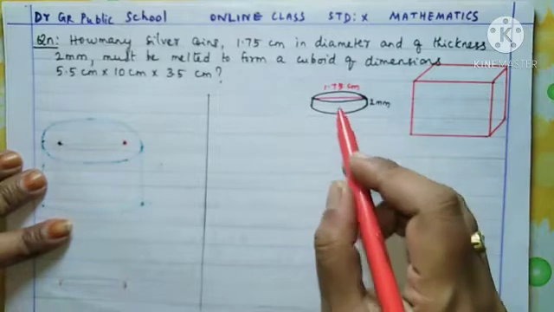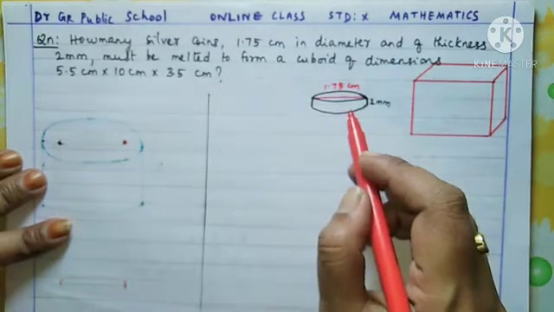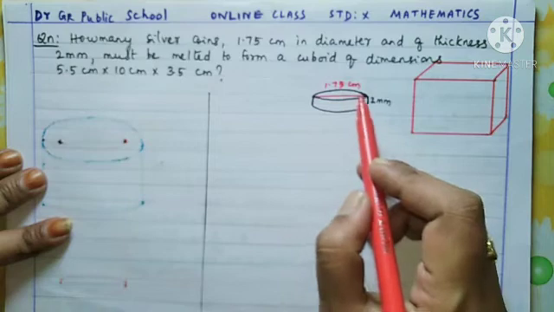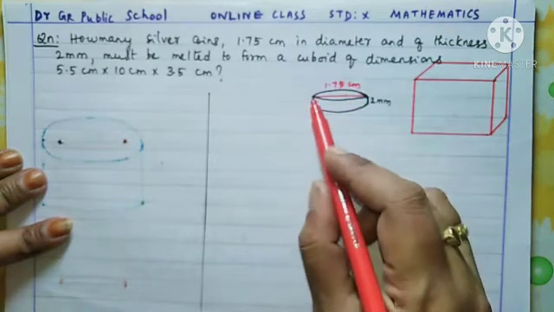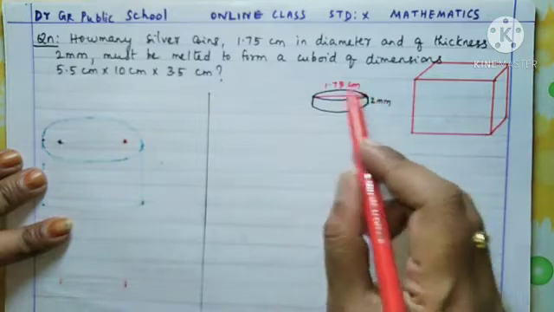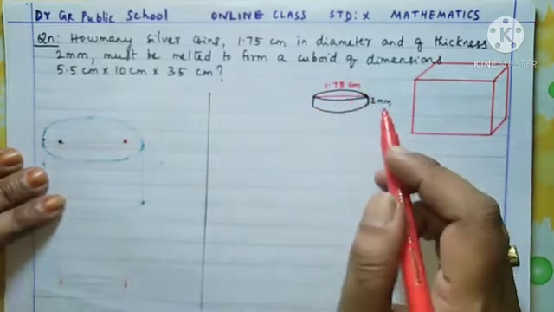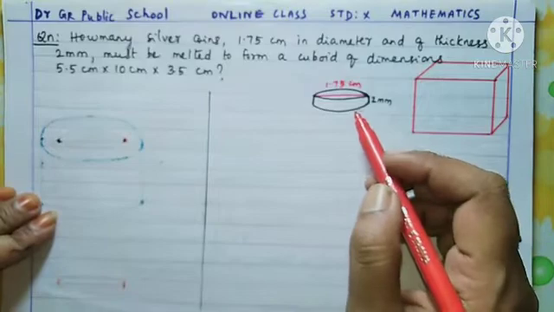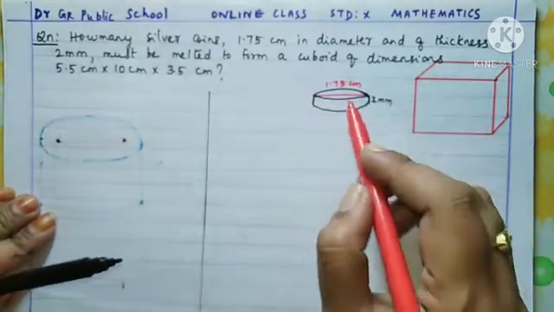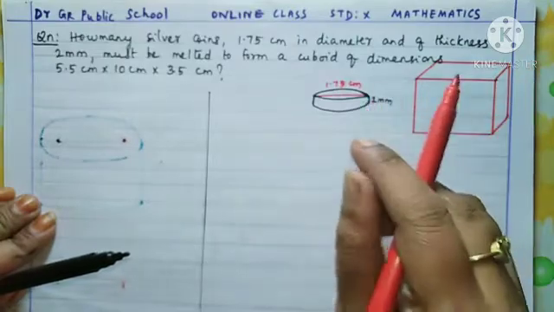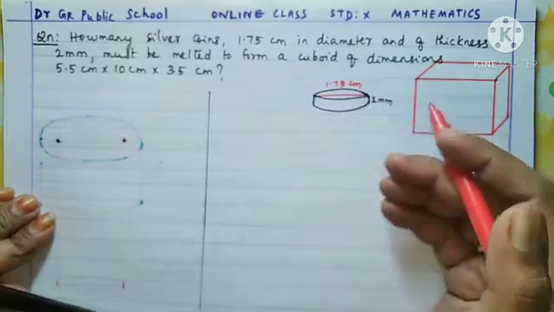This coin resembles a cylinder which has a radius, that is the top and bottom circle shape, and in between this height is given, so it can be related to a cylinder. Likewise, some number of coins are taken. We don't know how many it is.